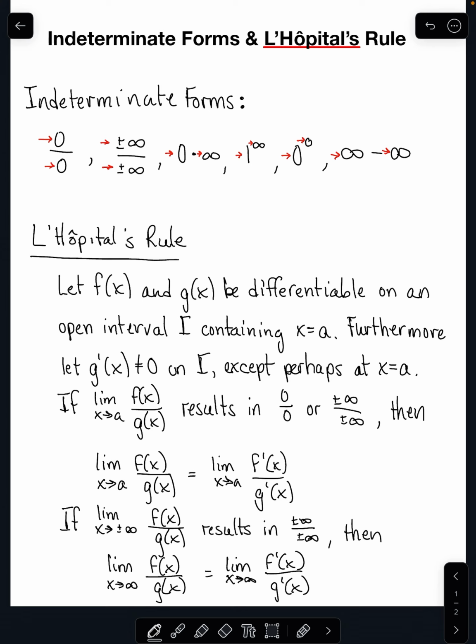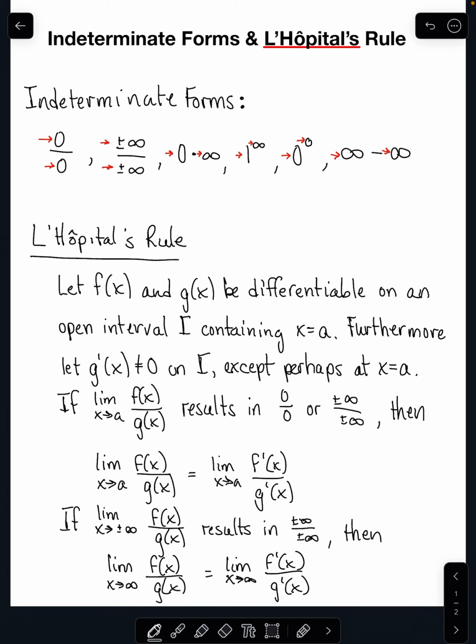Now, those three separate cases, the proofs get a little bit in depth, a little bit complicated, and they are best proven with the proper definition of a limit, which is more complicated than we would have seen in Calculus 1.